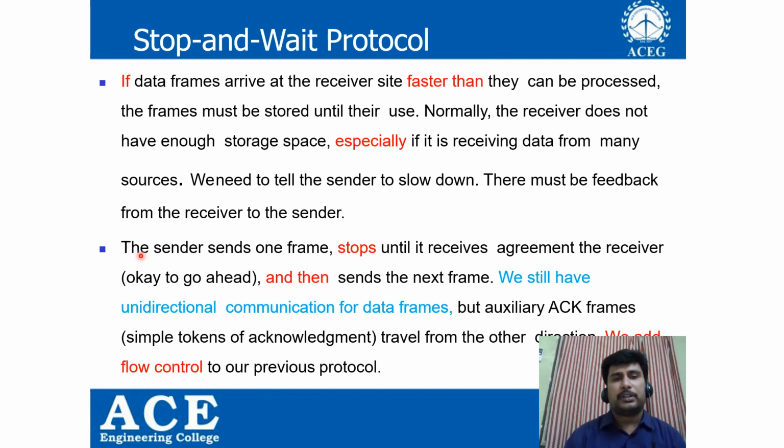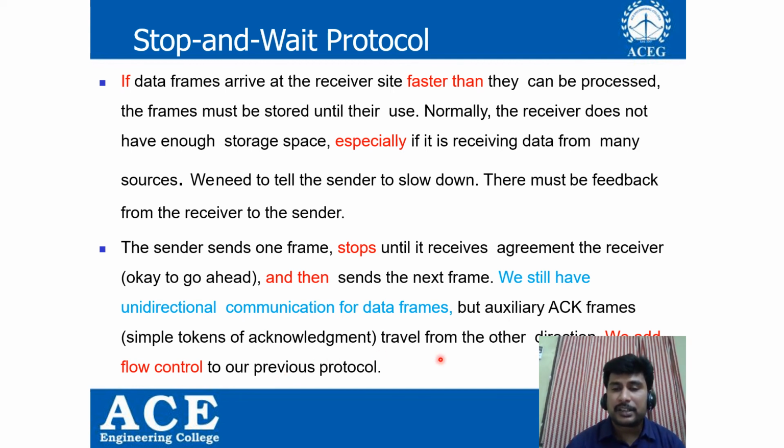In the stop and wait protocol, the sender sends one frame and stops until it receives an agreement from the receiver: okay, I have received it, you can send the next. Only then does the sender send the next frame. So here the data will be transmitted only in one direction, from the sender to the receiver, but auxiliary acknowledgements, which are confirmation of the receipt of the frame, will travel in the other direction, from receiver to the sender.